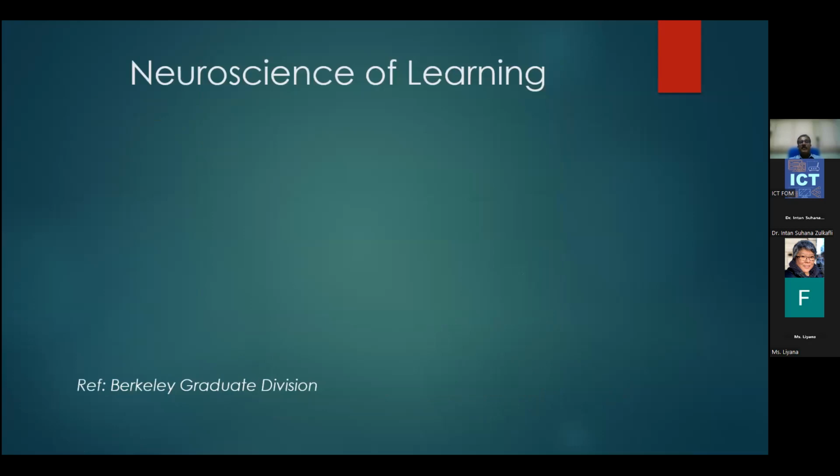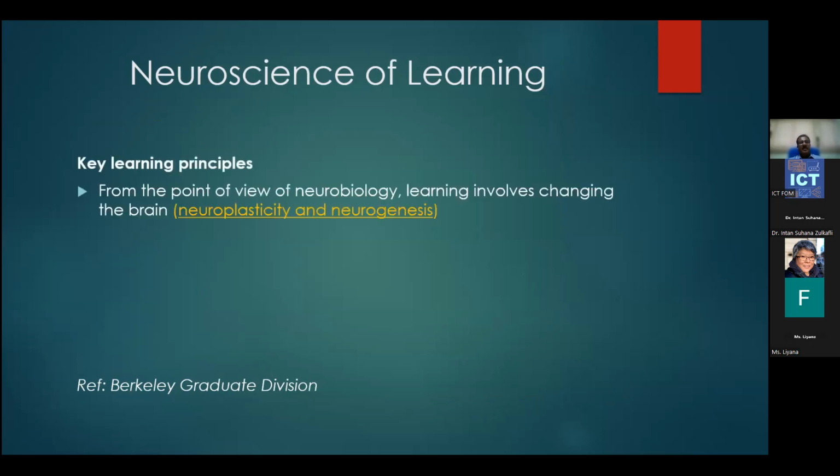Now, an important part we have to consider is that teaching and learning involve the human brain. So the neuroscience part is very important. The key principle is that, from the point of view of neurobiology, learning involves changing of the brain, especially neuroplasticity as well as neurogenesis.